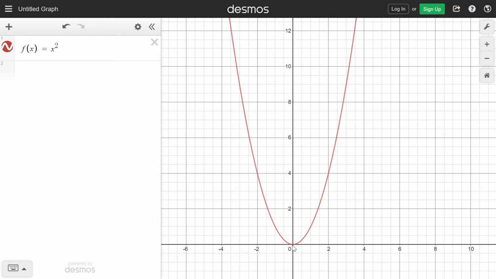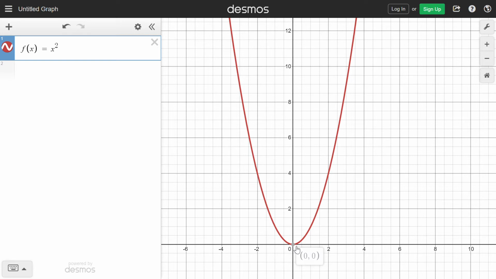You're asked to identify what we call the turning point. Now, in this parabola, the turning point is 0, 0. That is where our graph changes direction. You're also asked to find the roots. Now, in your basic quadratic and the parabola, it touches the x-axis only once. And again, the roots of this parabola are at 0, 0.